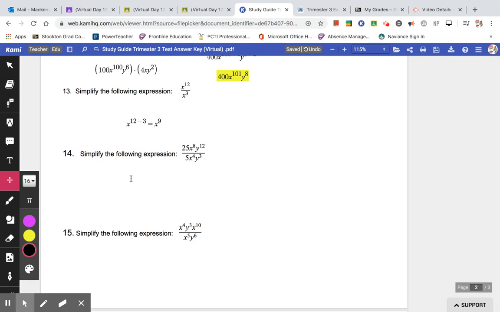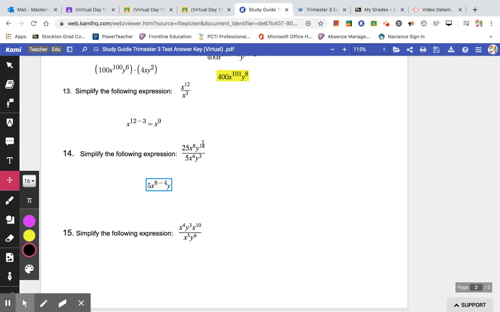Okay, number 14, another example of the quotient rule. So this time we do have coefficients. So remember with the coefficients, with the quotient rule, we actually are doing 25 divided by 5. So when we do that, we get 5. We keep the x and subtract the exponents on the x's, so 8 minus 4.